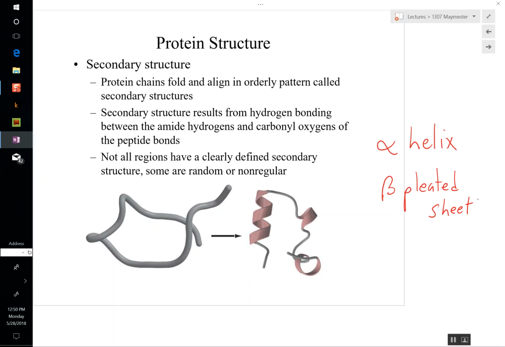So after you get to the primary structure, now the protein starts figuring out what it's going to do. Secondary structure, we got the alpha helix and the beta pleated sheet. Now, let's take a peek at what kind of bonding is involved here.